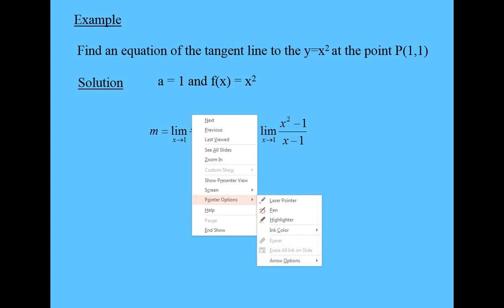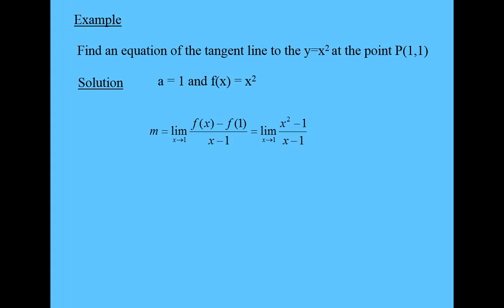Now if we plug in f of x, we see f of x is our function. That's where we're getting x squared. Then we have minus f of 1. Well, if we plug 1 into the function, we would get 1, divided by our x minus 1 as x approaches 1.